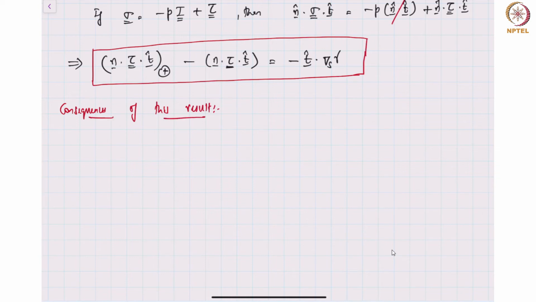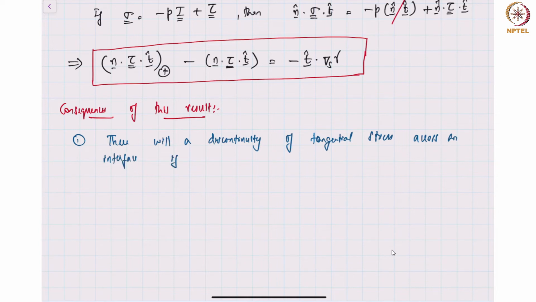Okay. What's the first consequence that we see is there will be a discontinuity of tangential stress across an interface if del S of gamma is not equal to 0.